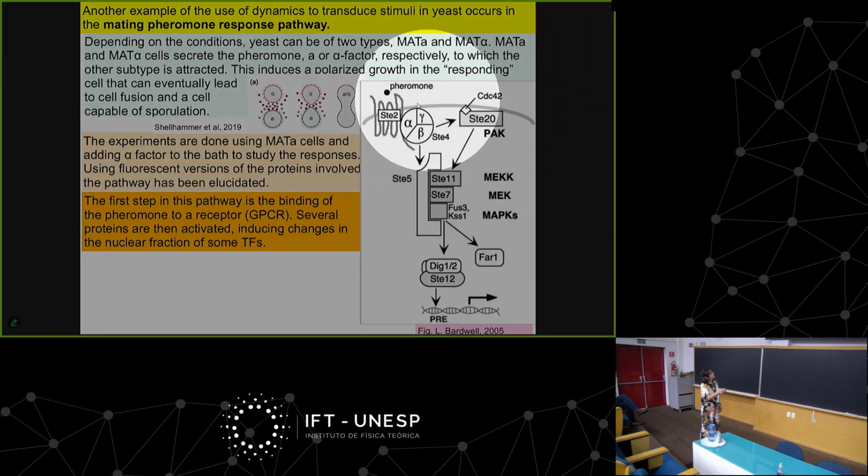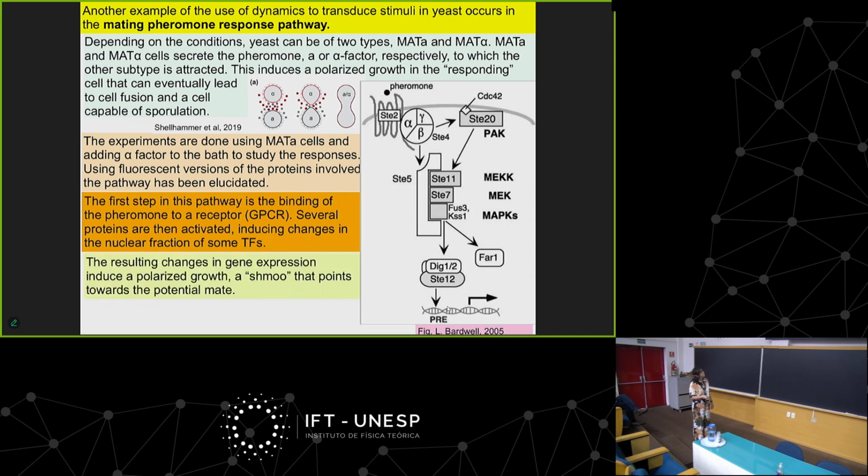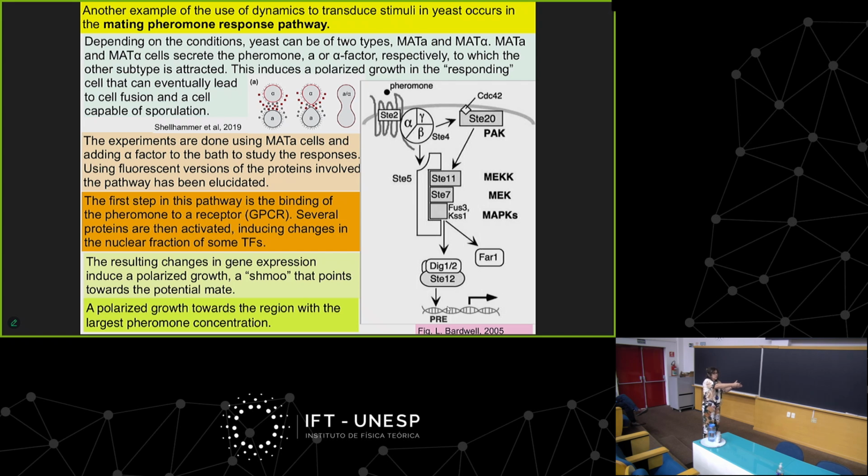So you have the pheromone attached to the receptor, and then a sequence of reactions and then changes in gene expression. And that leads to this polarized growth, which is towards the region where the pheromone is larger. Basically, if you put a gradient of pheromone, the growth is going to more or less go to the region of larger pheromone. It also depends on the initial state of the cell.